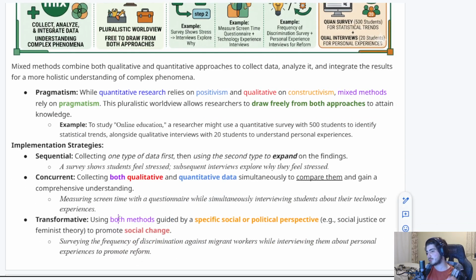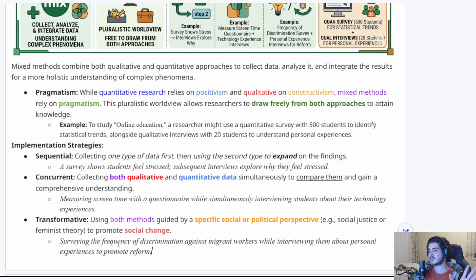Transformative is using both methods guided by a specific social or political perspective, like social justice or feminist theory, to promote social change. I don't understand this. For example, surveying the frequency of discrimination against migrant workers while interviewing them about personal experiences to promote reform.